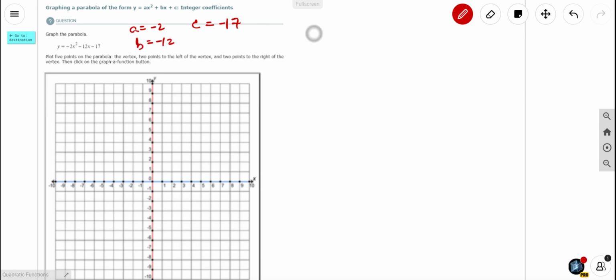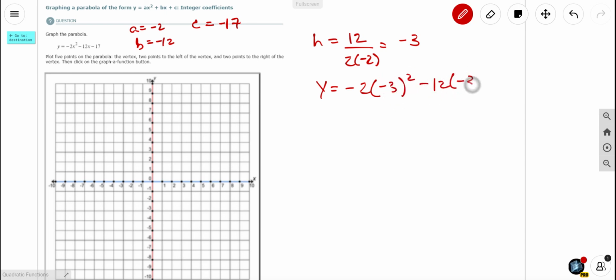Okay, so h is equal to the opposite of b over 2 times a. So it's 12 over negative 4, which is negative 3. Now I'm going to plug it in. y equals negative 2 times negative 3 squared plus 36 plus negative 17. You could still do this in the calculator if you wanted to.